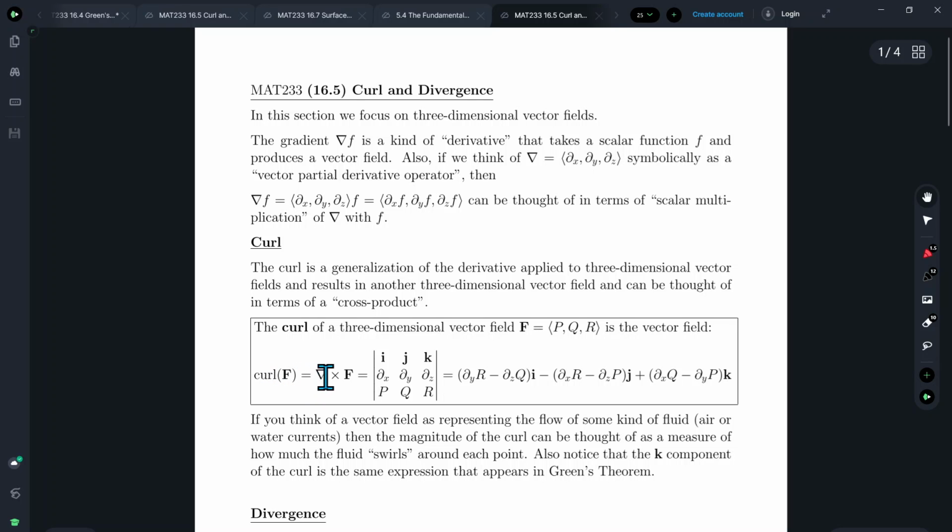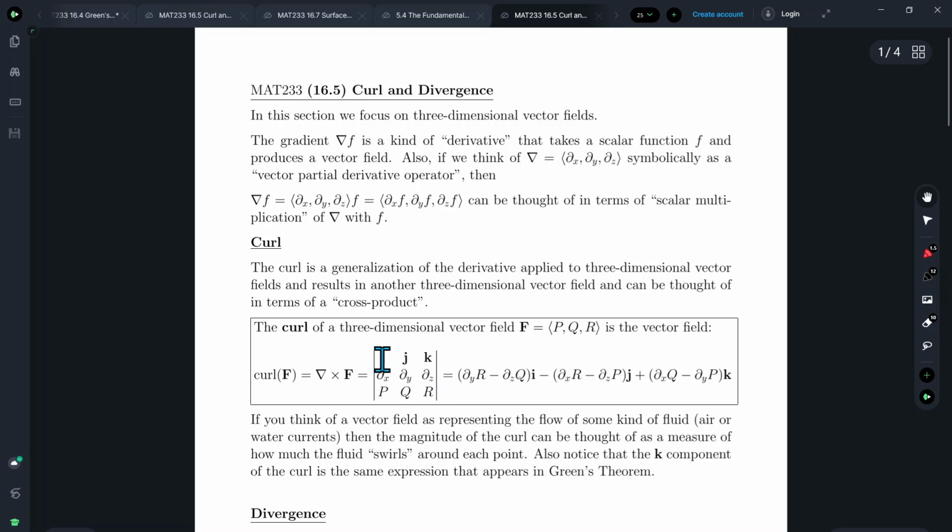You calculate the curl as kind of like a cross product, writing out the 3x3 determinant. So here we put del x, del y, and del z. This is not an ordinary vector; it's a vector operator. But you can still symbolically write it out like this, with the three components p, q, r written just below, and just perform the 3x3 determinant that you're familiar with.